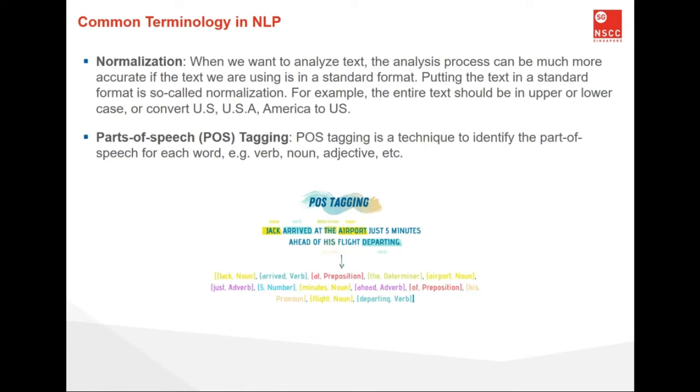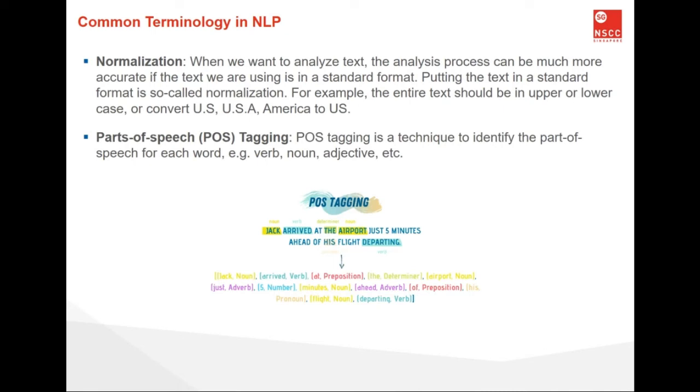Then we have part-of-speech tagging, which is a popular NLP process. It refers to categorizing words in a corpus in correspondence with a particular part of speech, depending on the definition of the word and its context. Within a sentence, each word has its part of speech, such as verb, noun, adjective, etc. POS tagging can assign a specific tag to a word.